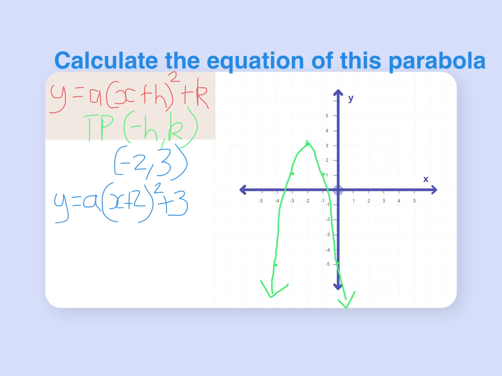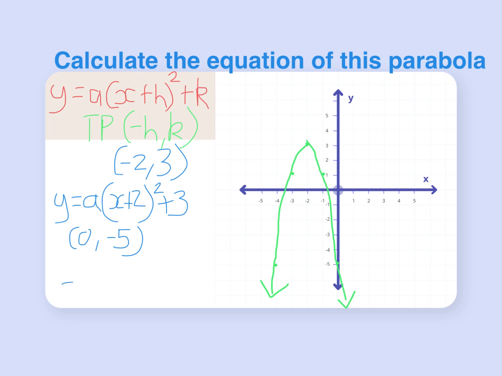How do we find what a is? Well, all we do is find another point and substitute in. I'm going to take this point here, the y-intercept at negative 5. What I'm going to do is sub in the point (0, negative 5). At this point, x equals 0, y equals negative 5. So change y to negative 5 and x to 0.